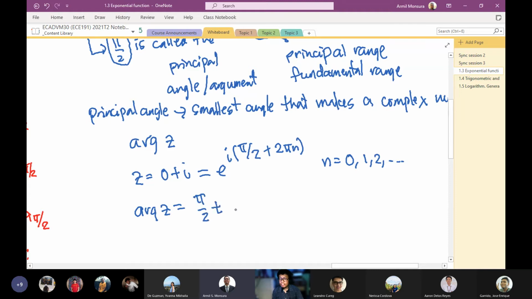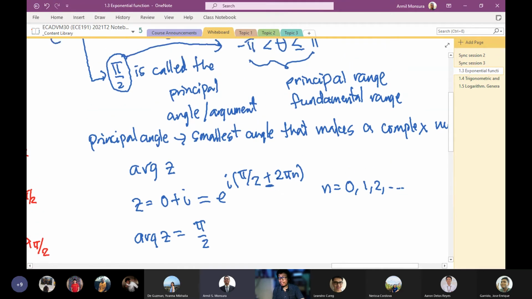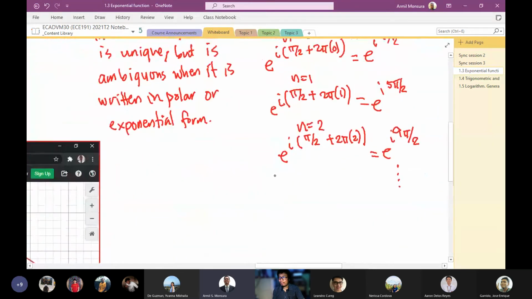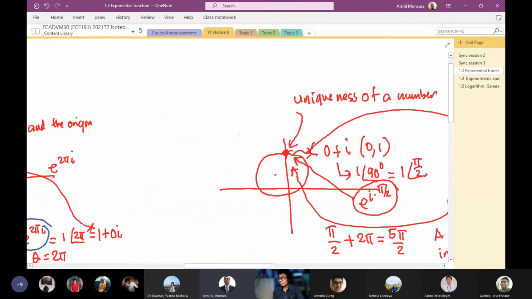So that means arg z here is pi over 2 plus, actually, plus or minus, kasi pwede naman kayong mag-negative. And going negative here means instead of actually going counterclockwise, nasaan na yung binibilugan ko kanina? Ayan.